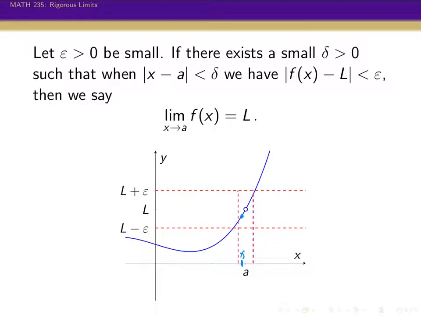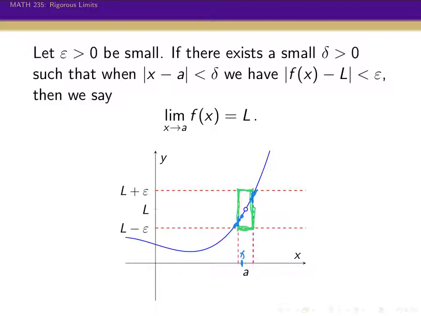Now another way that we think about this, as you can see, we have this nice box that we've created. And in this box, the function is allowed to go out the sides of the box, but not the top or the bottom.